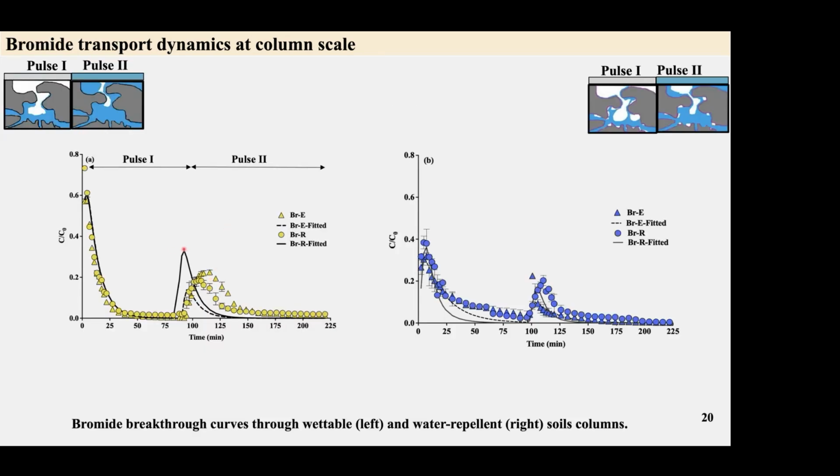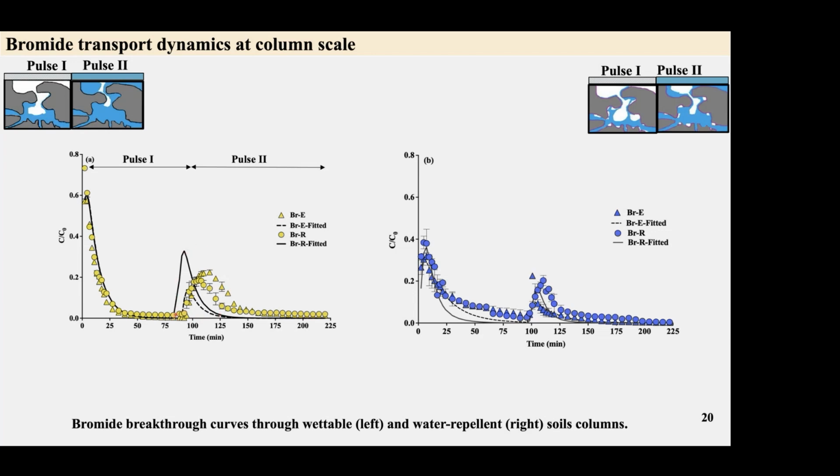So here we have breakthrough curves of bromide, for wettable soil on the left side, and on the right side, the data for water-repellent soil. The symbols show the experimental data, and the lines show the model. We see that we were able to model the first pulse for bromide in the wettable soil, but not nicely the second pulse around the peak time.